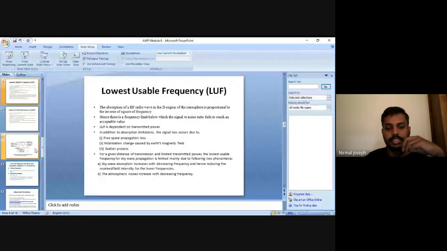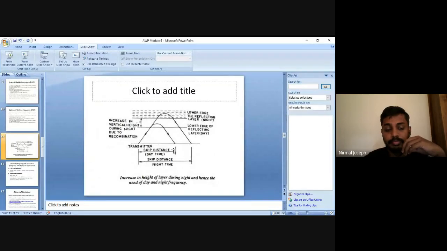I think you might have understood this. This figure shows the increase in height of reflection during night and hence the need of day and night frequency. We already said that during day and night, the lowest usable frequency is determined by different things. During daytime, the D layer is present, so D layer absorption plus the noise at that particular frequency both affect the lowest usable frequency. But during night, as you can see in this diagram, the D layer is disappearing.